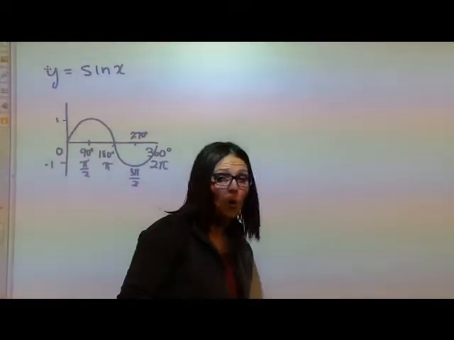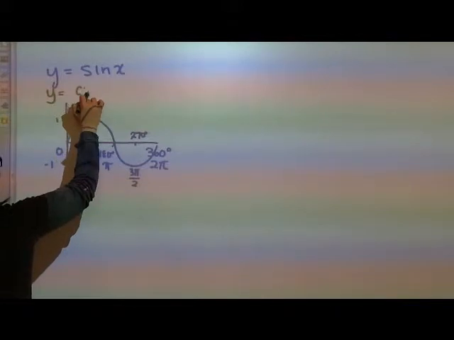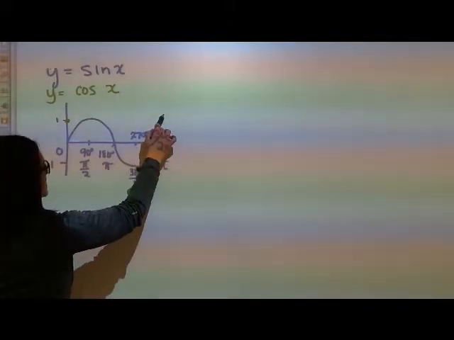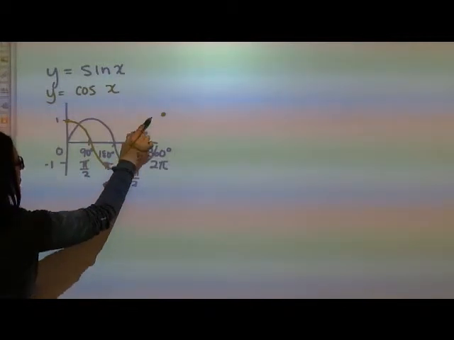That's my sine graph. My cos graph, if I put it on the same grid, starts at 1 and ends at 1. Halfway in between, it's at -1. And then the halfway points is where it goes through the x-axis.